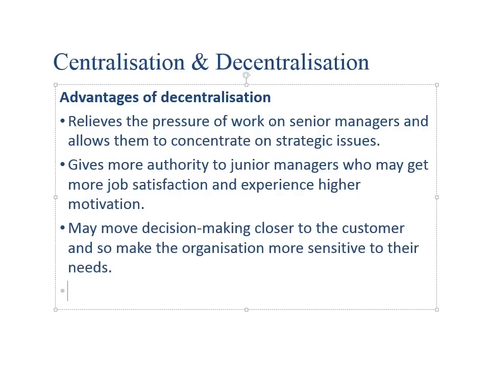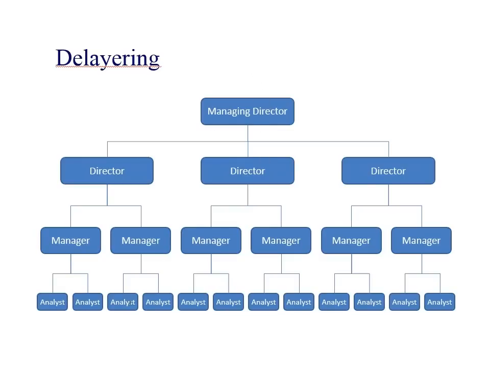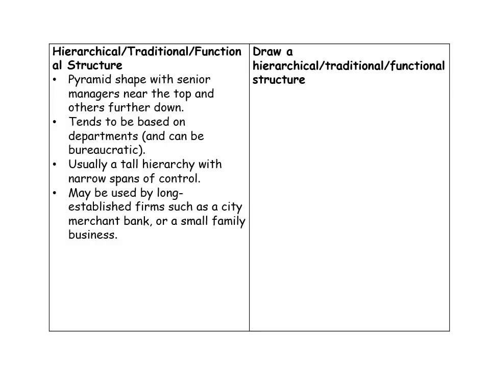Okay, so organisational structures now. A hierarchical or traditional, or sometimes called a functional structure, is basically what I was showing you right at the beginning. It looks like a pyramid, basically. It's a hierarchical structure, pyramid shaped, and it tends to be based on departments.